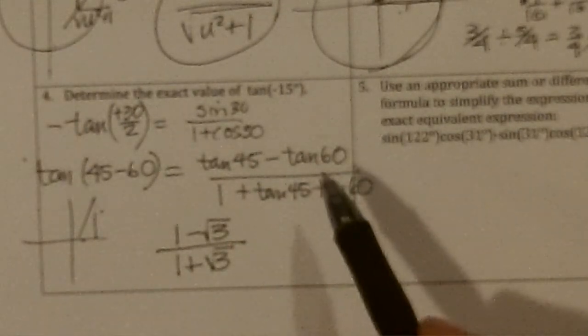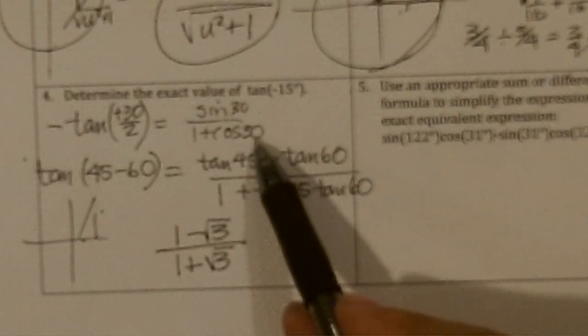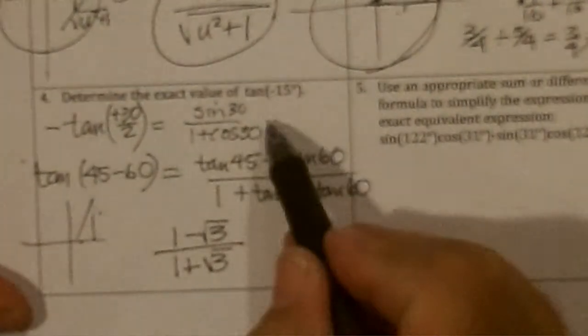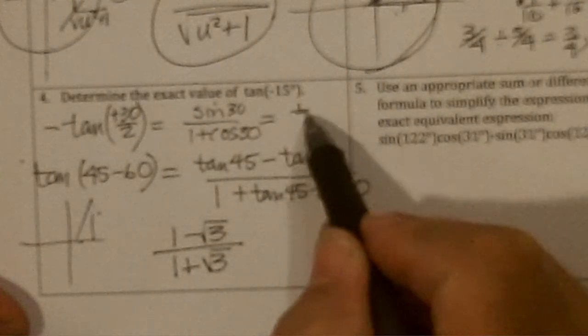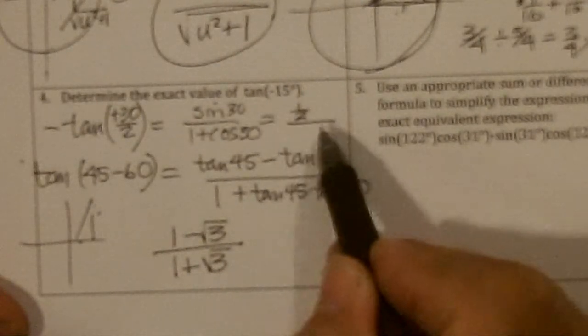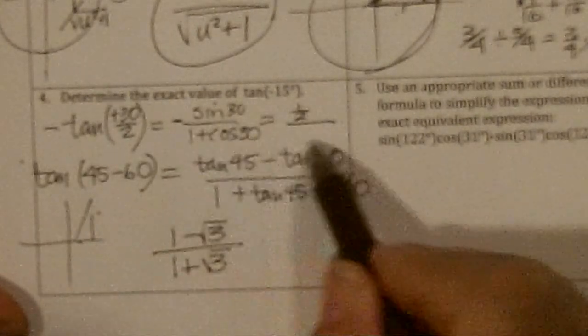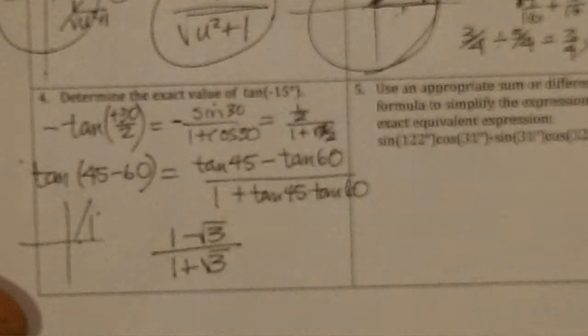So let's see. I'm trying to remember which one of these is which. Okay, this one comes out to be sine of 30 is 1/2 over, and we have to put a minus in front of this, 1 plus the square root of 3 over 2.